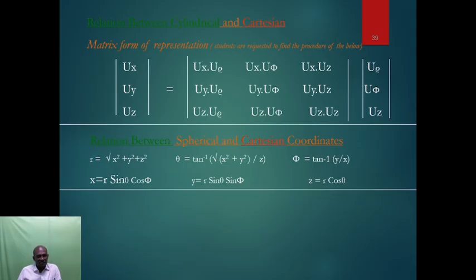Then the relation between spherical and Cartesian systems. Here r is the spherical quantity. It is related to the rectangular quantities x, y, z. R is equal to root of x square plus y square plus z square.